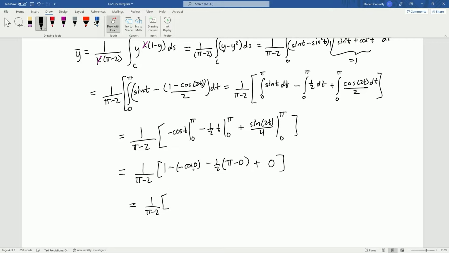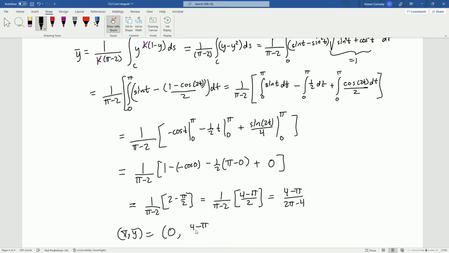This becomes 1 plus 1, which is 2, minus pi over 2. A little simplification brings us to (4 minus pi) over (2 pi minus 4). So my center of mass is (x bar, y bar), which is (0, (4 minus pi) over (2 pi minus 4)).